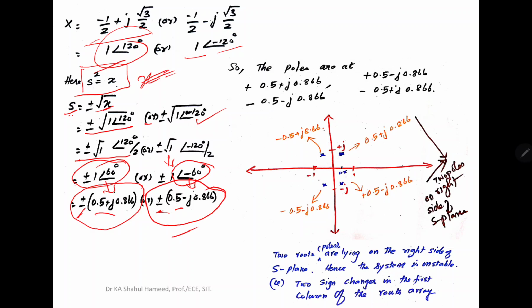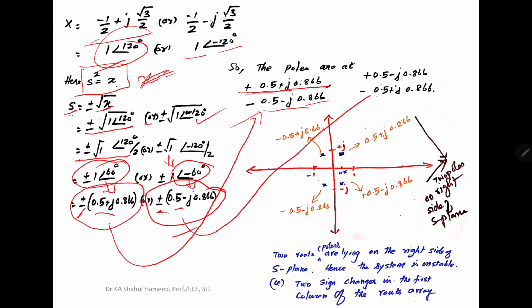For the first one, we get plus 0.5 plus j 0.866 and minus 0.5 minus j 0.866. For the other, we get two poles: one is plus 0.5 minus j 0.866 and another one is minus 0.5 plus j 0.866.